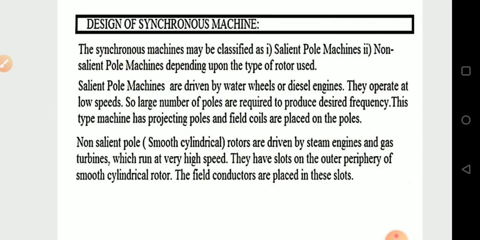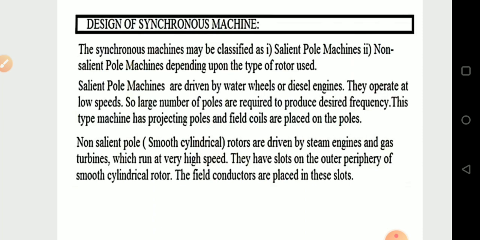A synchronous machine has two types. First is the salient pole machine and second is the non-salient pole machine. It depends on which type of rotor we use for the machine construction. Salient pole machines are usually adopted in hydroelectric turbines, driven by a water wheel or diesel engine.